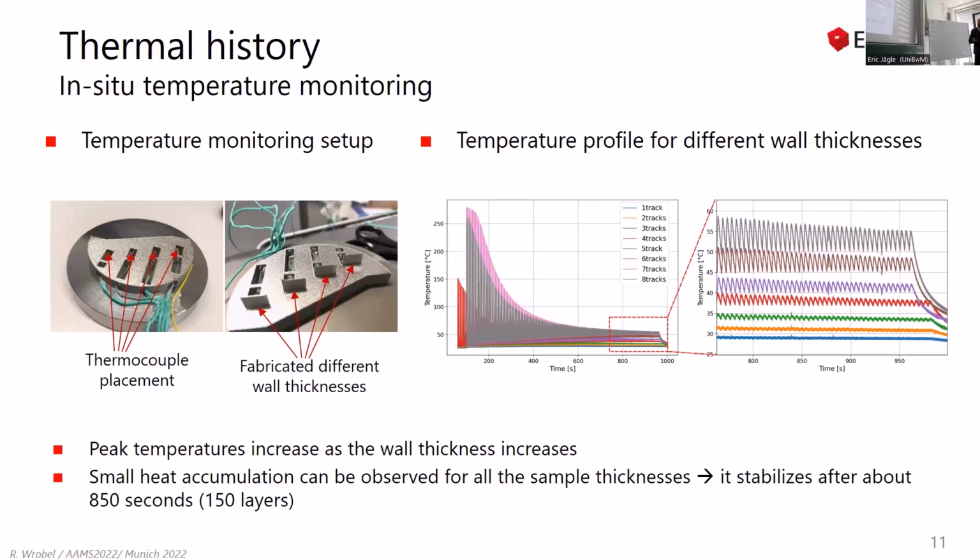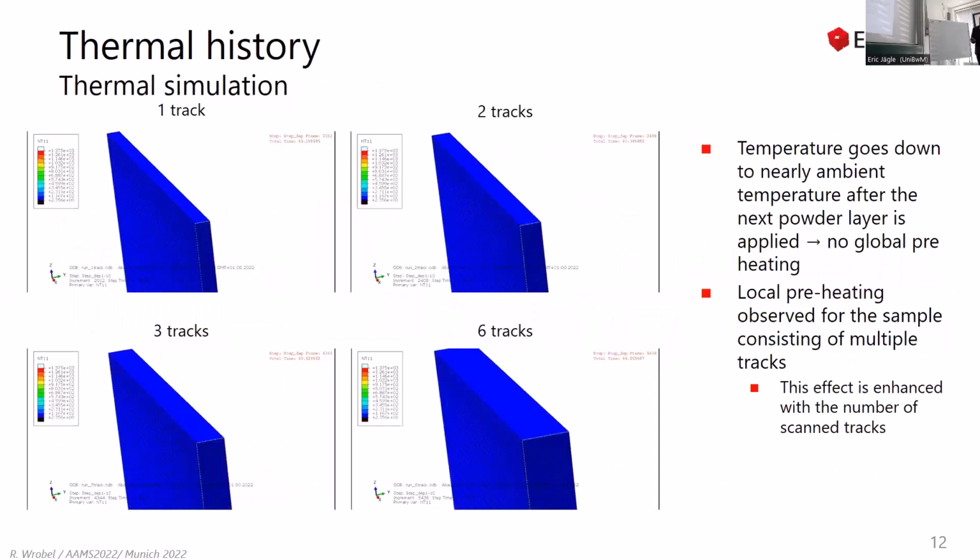However, when we are dealing with small thin wall samples, we are reaching slightly above 50 degrees Celsius, which is not really significant, and this effect vanishes after about 150 layers. So this thermocouple test has also been applied to calibrate our thermal simulations.